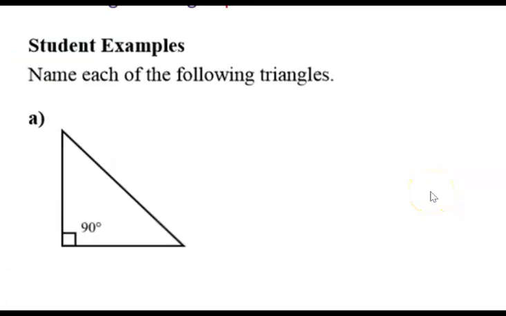When you're to name triangles, you can name them two ways. So you can see here for the first student example on page 407, we have a right triangle, but we can also classify this one.